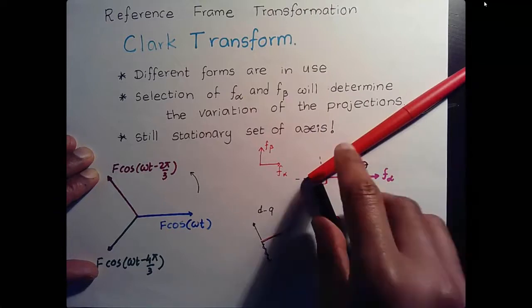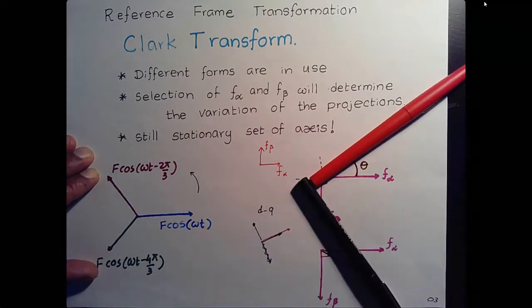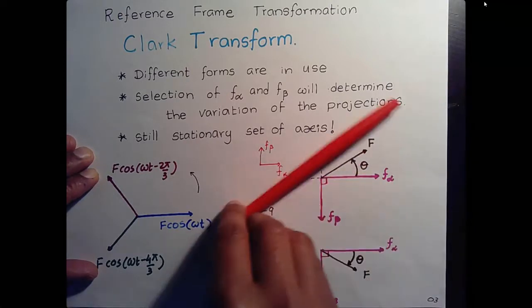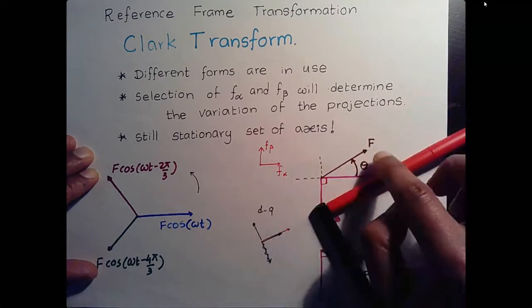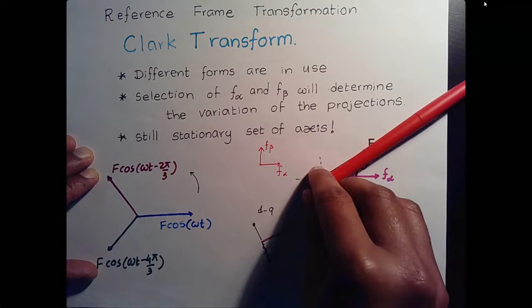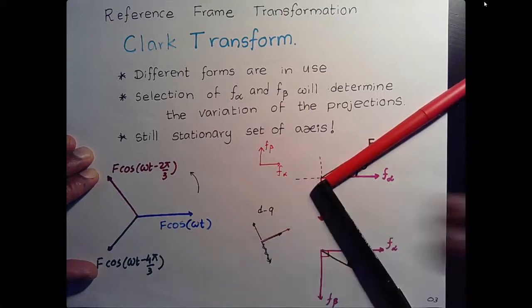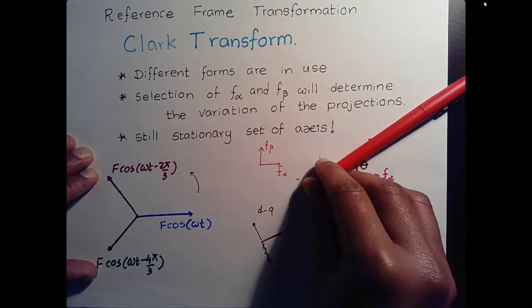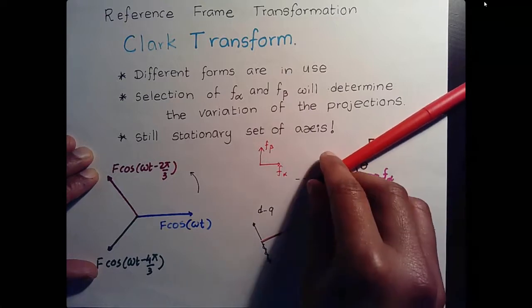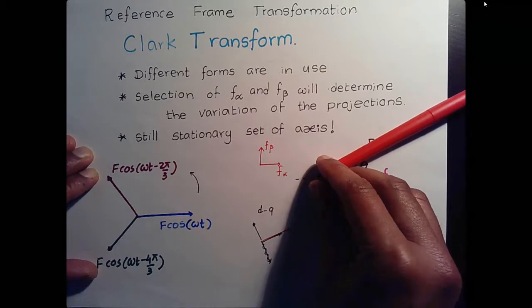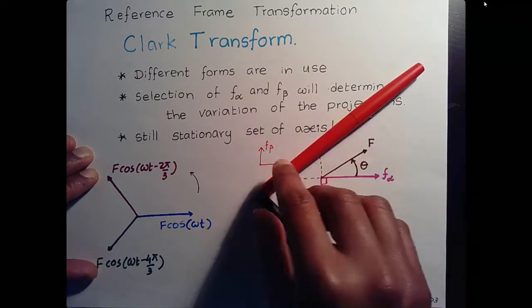Otherwise, your reference frame transformation will not work. That's important. In my previous video, if you recall, I aligned my Q axis along with the vector. It's up to the user how to align the vector. But by definition, one could argue, quadrature axis, Q axis, how can you have your vector aligned to the quadrature axis?